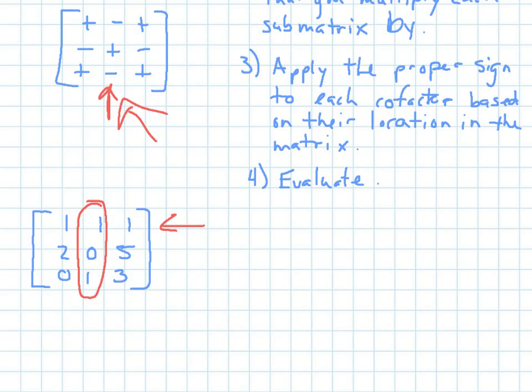So if I pick this column, like I said, negative 1, I attach the negative sign to my first cofactor. I'm going to use different colors. For this first one, purple, since my 1 is in this column, I block out this column, and I block out the row it's in as well. So I'm getting rid of some numbers.